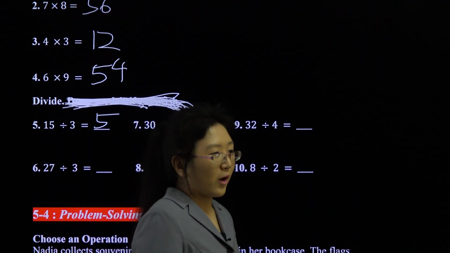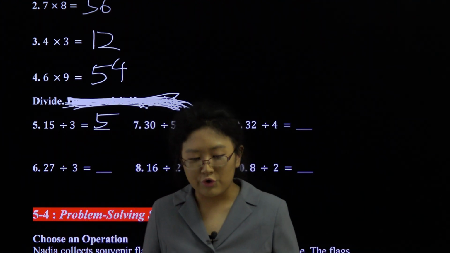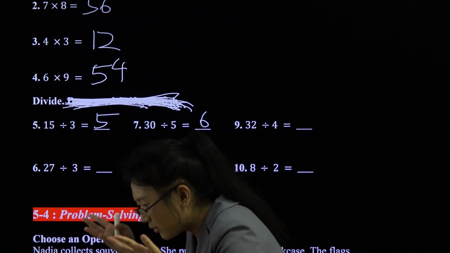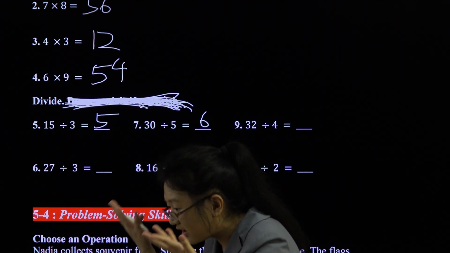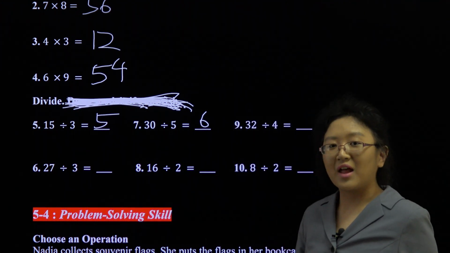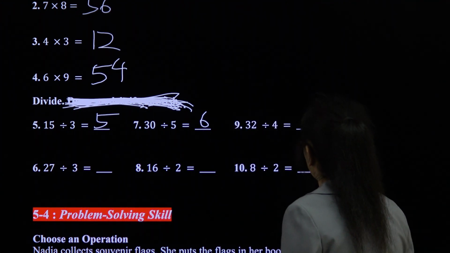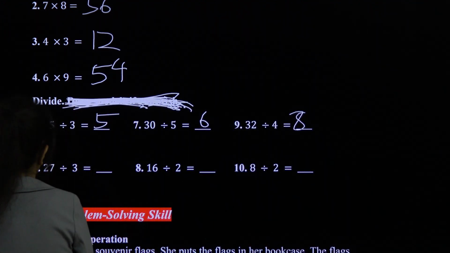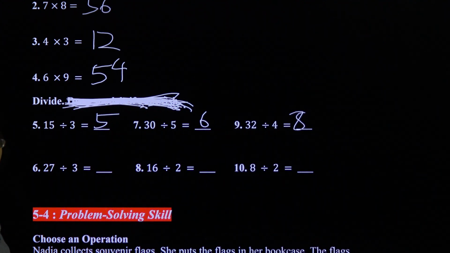32 divided by 4. You sit down and peruse what you have once learned and seen, and you get that 4 times 8 equals 32, which means that 32 divided by 4 equals 8. 27 divided by 3.